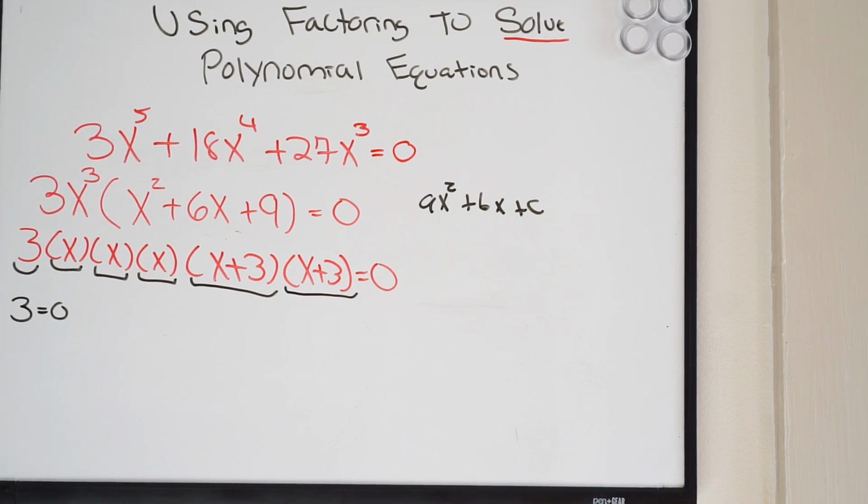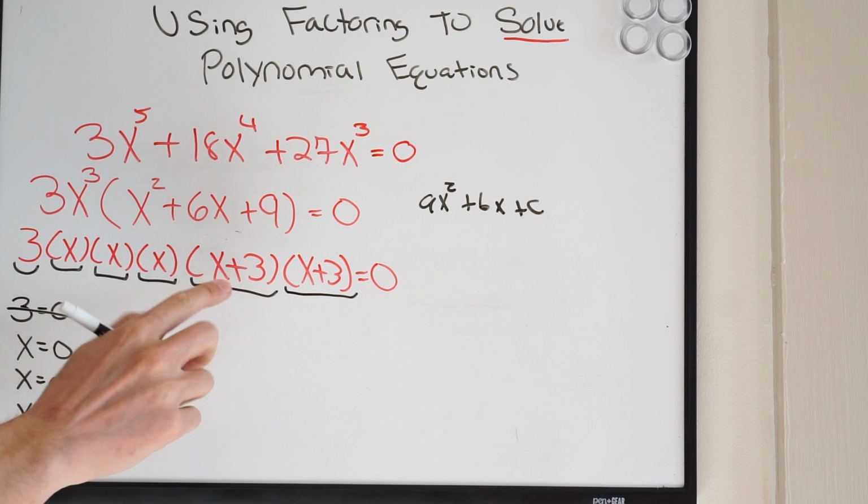That's not going to help me solve this because there's no variable involved, so we don't need that. Let's go on to the next one, x equals 0. That's one of my answers. The next one, x equals 0, is another one of my answers. Next one, x equals 0.